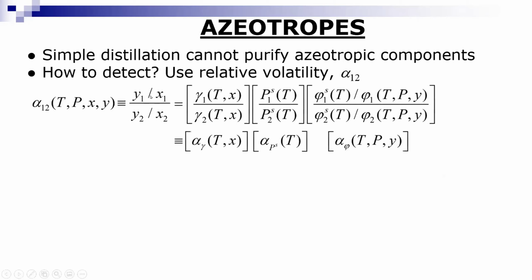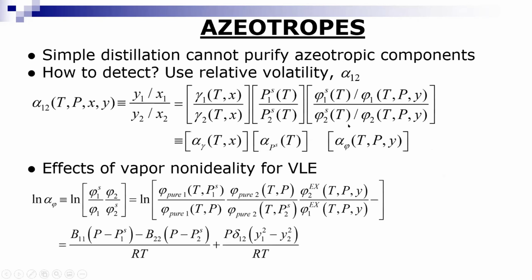Now, if we put in what these are from our fugacity relations, we wind up with 3 different ratios. One is a ratio of the activity coefficients, another is a ratio of the vapor pressures, and a third is a ratio associated with vapor phase non-ideality. Let's look at these one term at a time. If we look at the effects of vapor non-ideality, what we'd like to find out is, when does this deviate from unity?